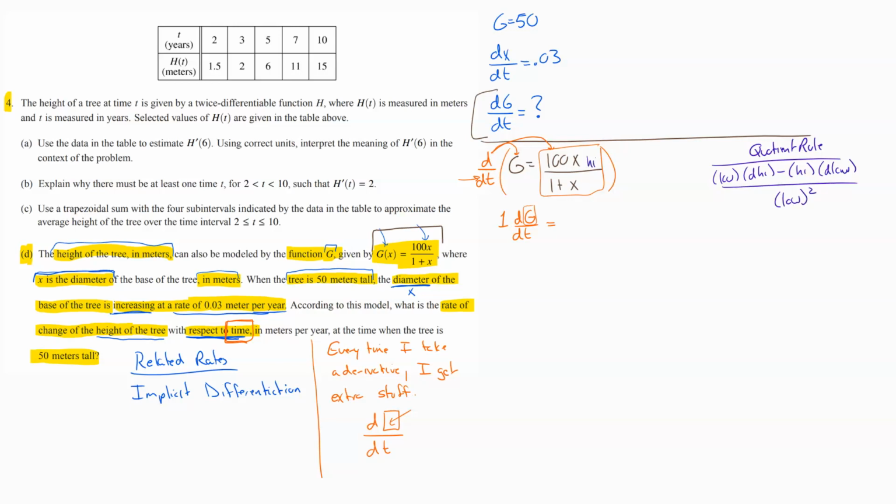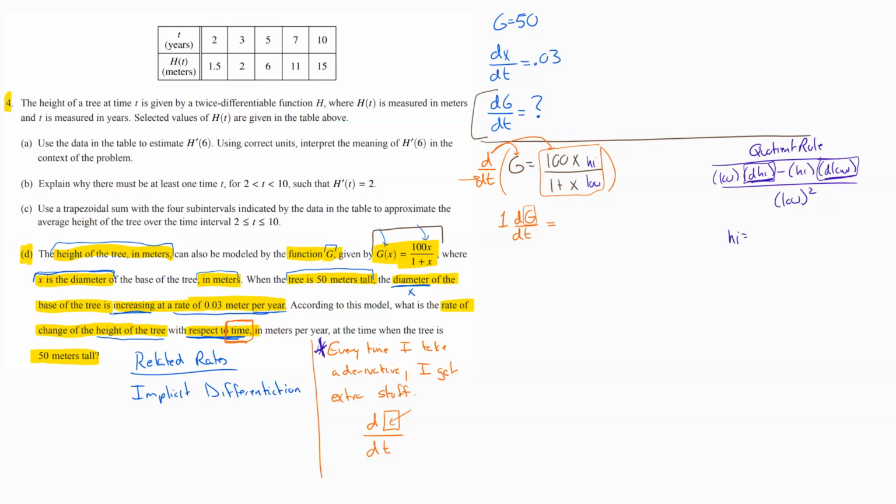So I label the top piece the high piece, the bottom piece the low piece. And when I say d high, that means the derivative of the high piece. And when I say d low, that means the derivative of the low piece. And it's in those moments when I'm finding those derivatives right there that I am taking my derivative and I am getting my extra stuff out. So what I do is I break them into bite-sized problems.